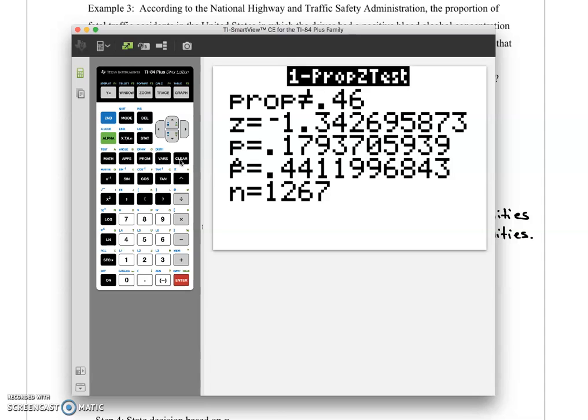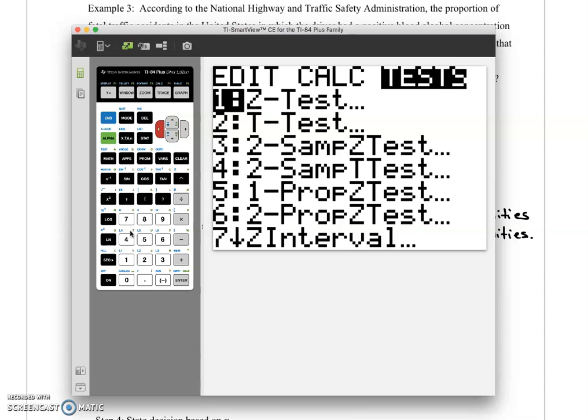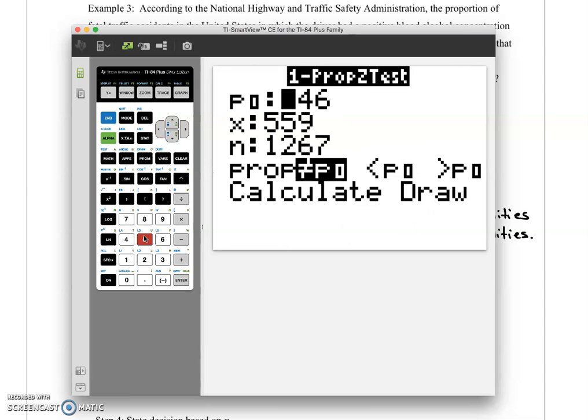So back to the calculator, stat, over to tests, number 5, the one prop Z test. Our P naught is 0.36. X is 51 this time. And N is 105.